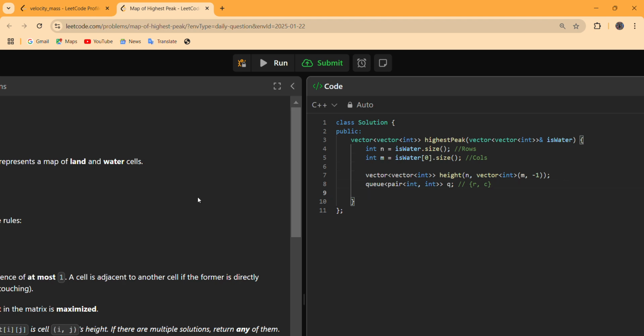Now traverse on the input matrix, which is like this, and check if there is any one in that matrix.